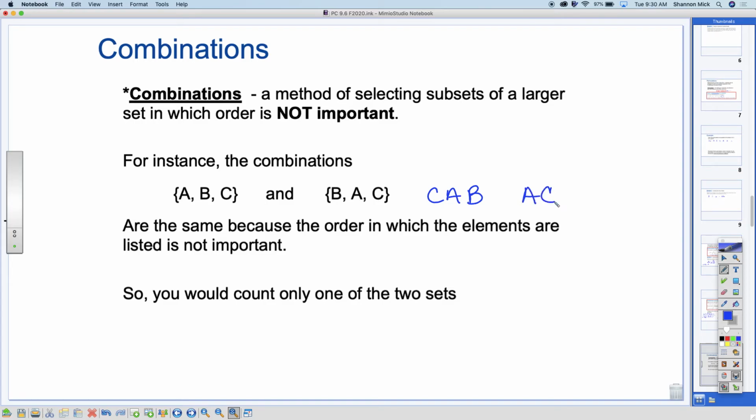ACB, BCA. And there should be one more. CBA. Okay, so permutations, I have how many choices? 6, yes, because order mattered. But combination, I have what? 1.